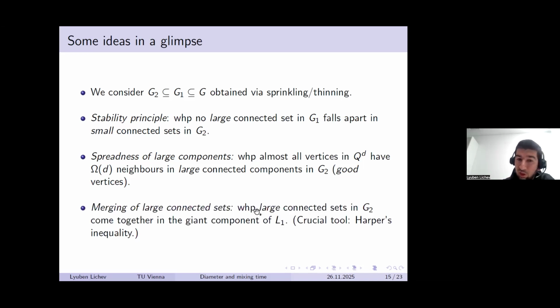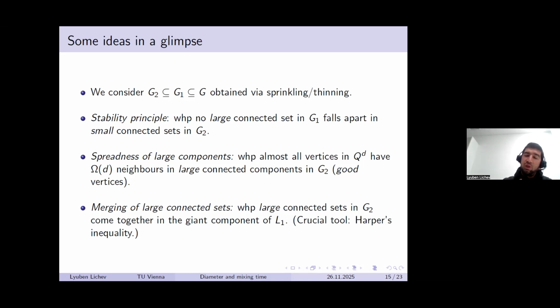And so this is the third step, because most of the vertices actually have a lot of neighbors in large connected sets. These large connected sets will come together. And so here is somehow the contradiction. We started with G1. We imagined that from the giant component of G, we separated a large connected piece. Then we thinned a bit more.